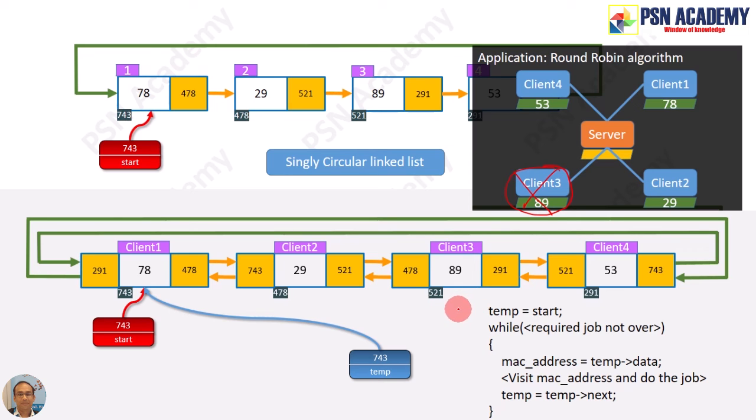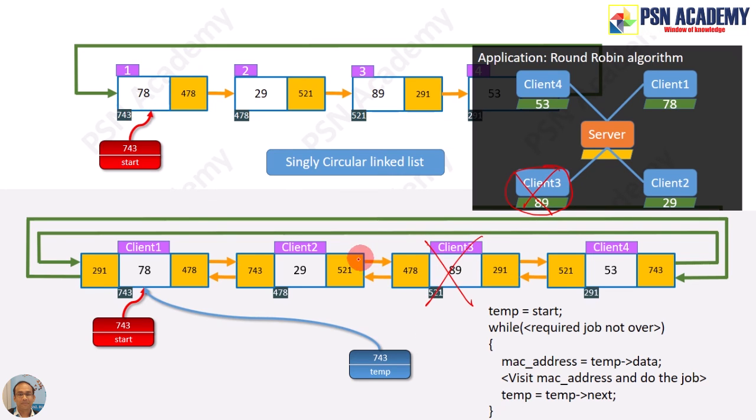Yes, you have learned how to delete a node from a linked list. If you missed those videos, please see those videos and you will find out how to delete a node from a linked list, both in single linked list or in double linked list. So suppose the client 3, this 89, this node is out of this list because its job is over. So you have to delete this one.